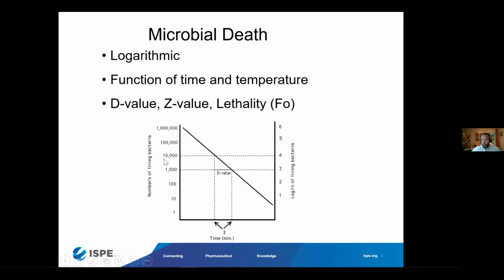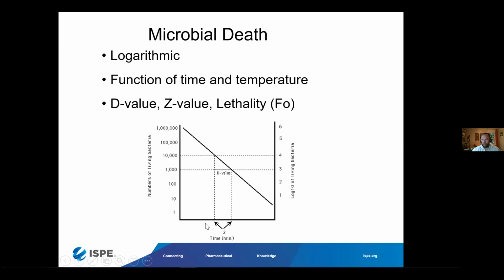So here at 10,000, or 10 to the fourth power, organisms, if the steam cycle of 121 degrees lasts 2 minutes, or every 2 minutes of the cycle, the population will be decreased by 1 log, or from 10,000 to 1,000, 10 to the fourth to 10 to the third.